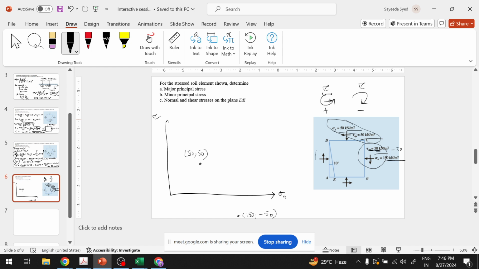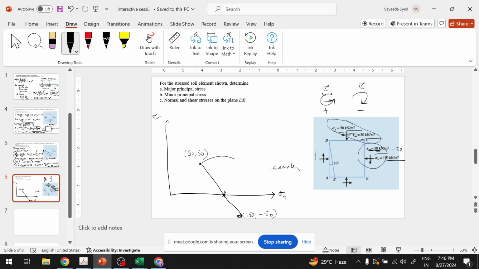And now what we do is we connect these two. Wherever they meet here, this is the center of Mohr circle, and we draw a circle with this as diameter. Sorry for this ridiculous drawing.